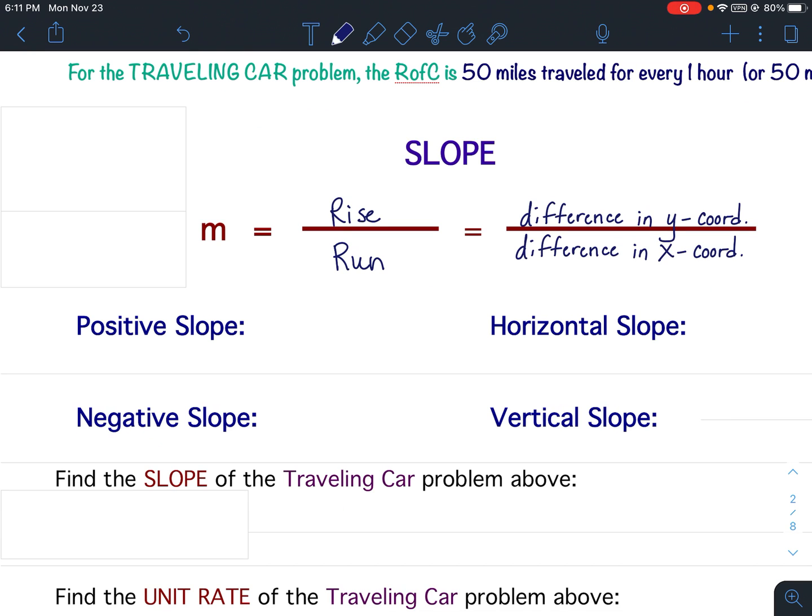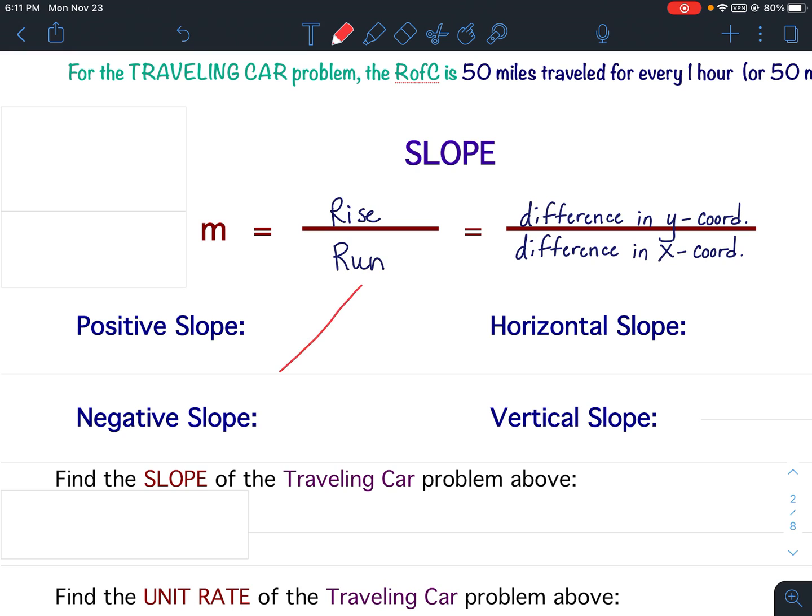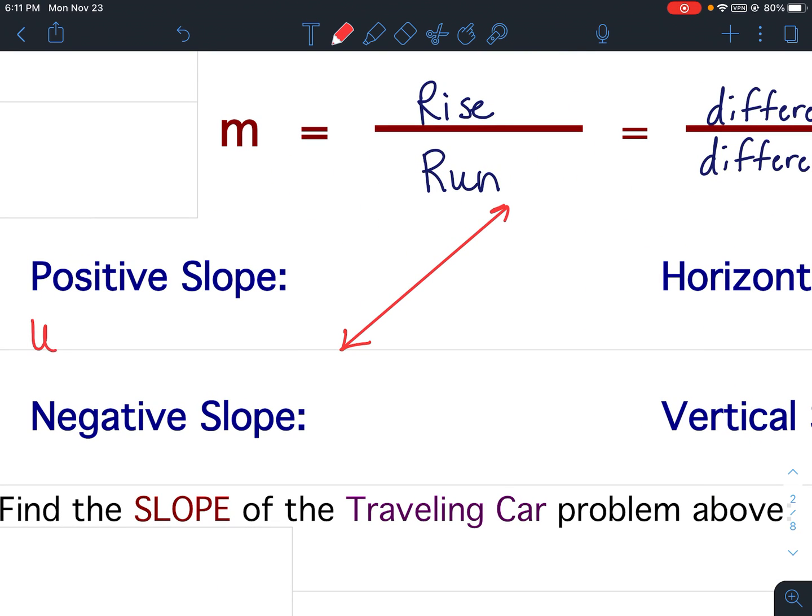A positive slope. A positive slope is going upward, moving left to right. Positive slope is upward, moving left to right. For slope, it's always left to right.